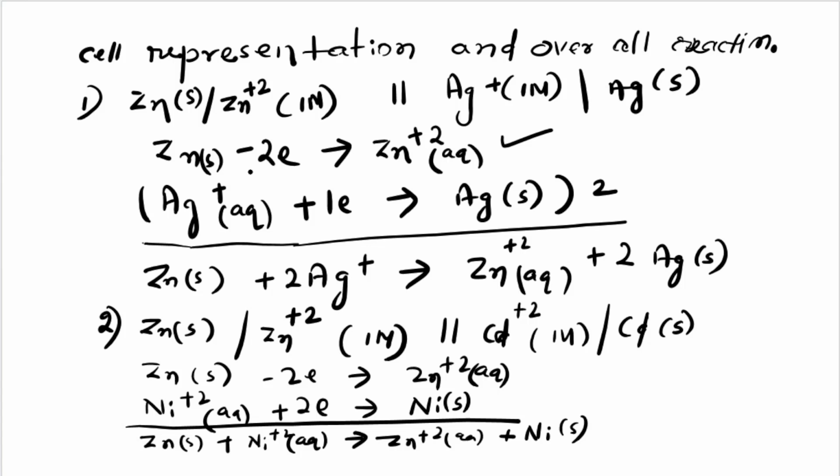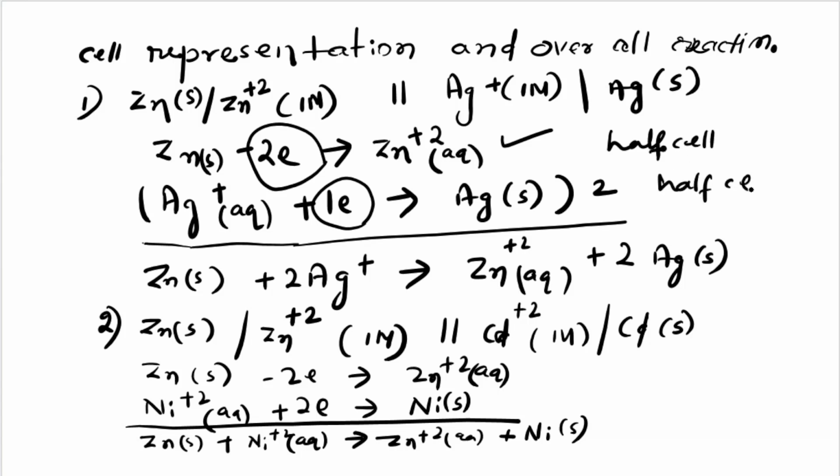But here 2 electrons, and here how many electrons? 1 electron. To equate the number of electrons in both half cells, this is one half cell and this is the other half cell. Then you subtract one half cell from the other, and this is the result, where the electrons are cancelled.